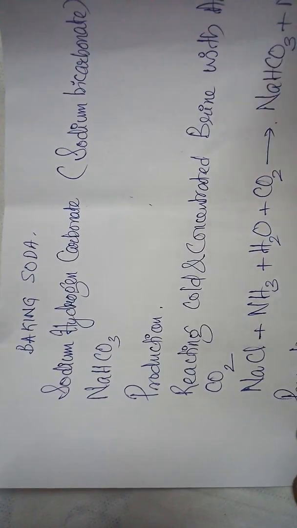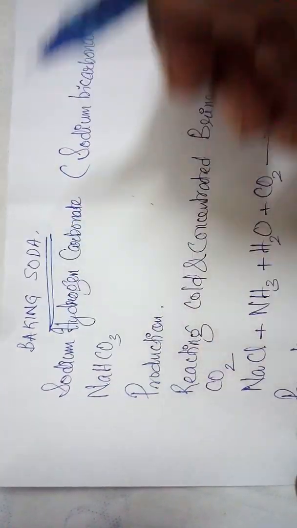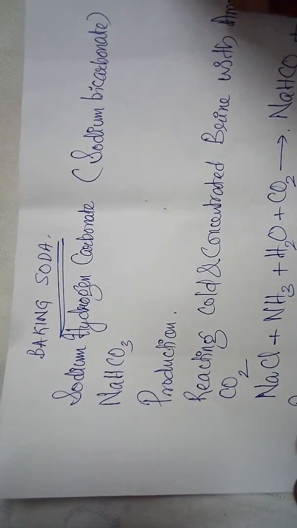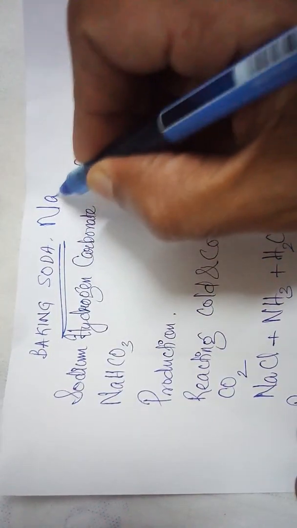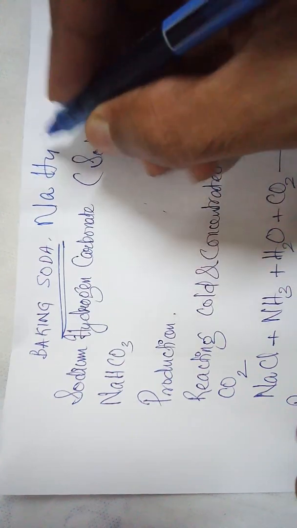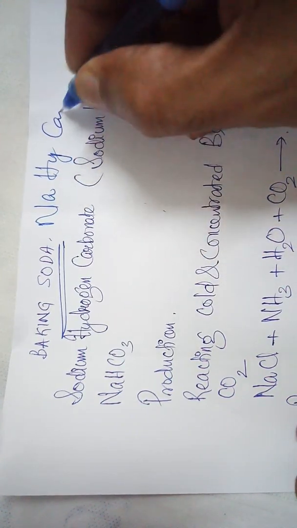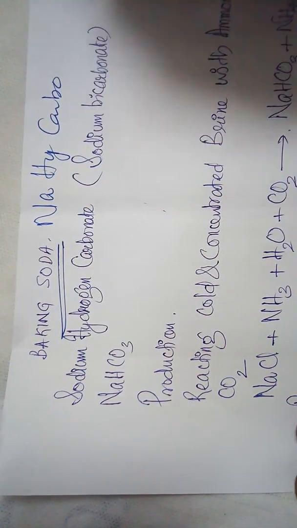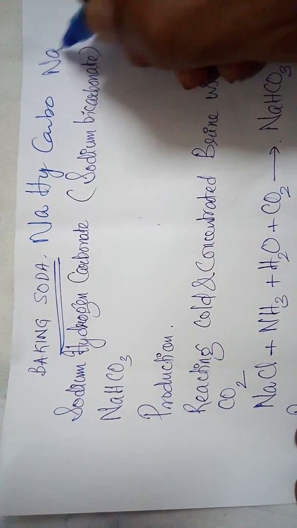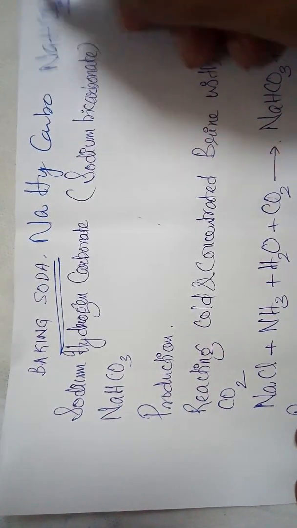Now it is the time for baking soda. What is baking soda? The chemical name of baking soda is sodium hydrogen carbonate. Otherwise we can write NaHCO3.